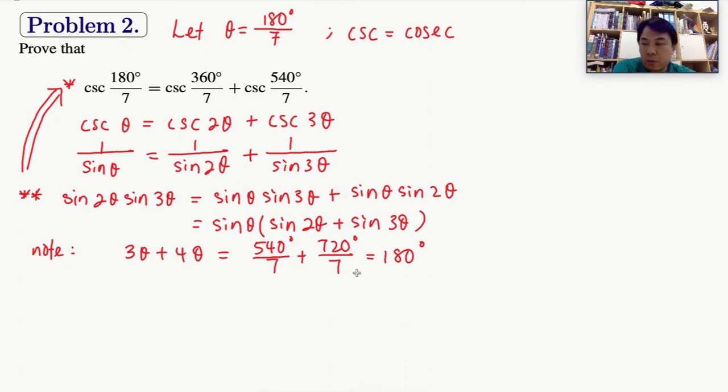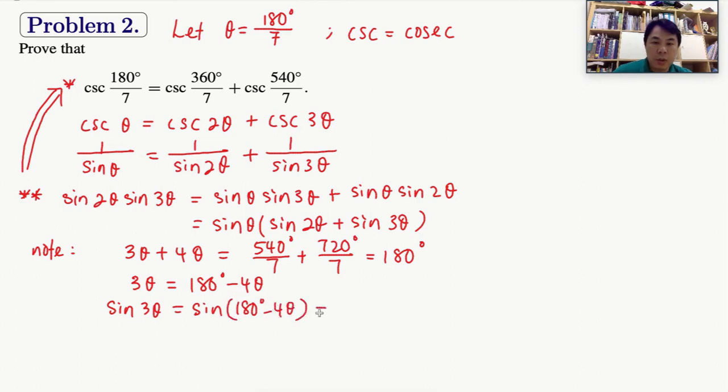Okay, now that requires a bit of experiment if we are beginners here, right? Like me. Okay. So from here, we can rearrange this as 180 degrees minus 4 theta. Now, knowing the relationship between 3 theta and 4 theta, we can say that in this case, sine 3 theta is the same as sine of 180 degrees minus 4 theta, which is indirectly the same as sine 4 theta.